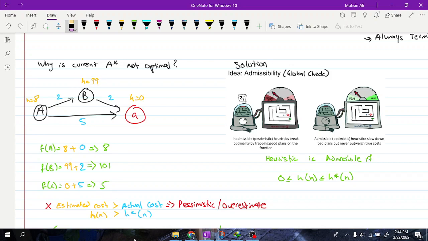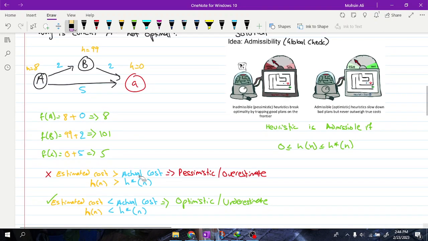And what we want to do is we want to always underestimate, and we always want to be optimistic in choosing our heuristic, right? So a good heuristic over here could have been something like, let's say, h as 0, I could have chosen h as 0 as well. And there's always going to be an equals to sign over here. I'm sorry, I might have ignored that.